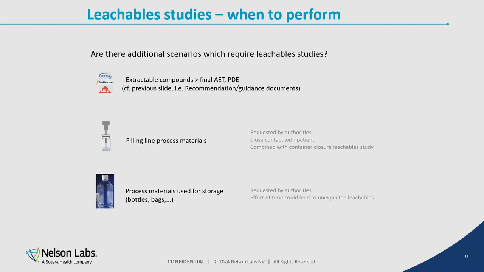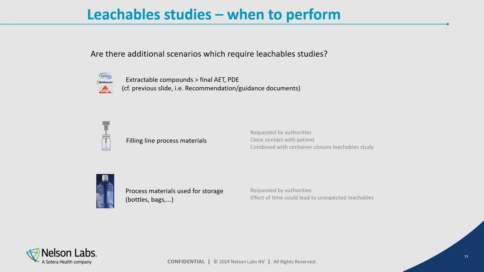So I would say from a scientific point of view, it might also make sense because often leachables are formed because of the effect of time, and that is often not covered in an extractable study. So an antioxidant, for example, could degrade over time.